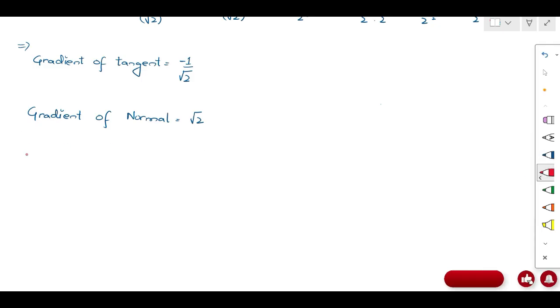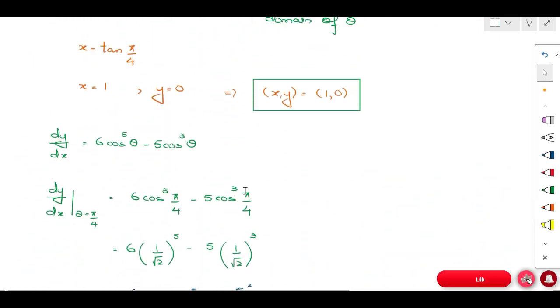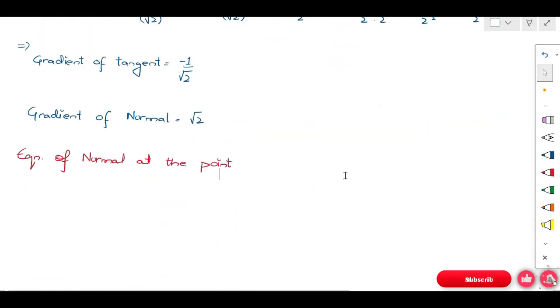Now we can easily get the equation of normal at the point. What is the point? The point is 1 and 0.